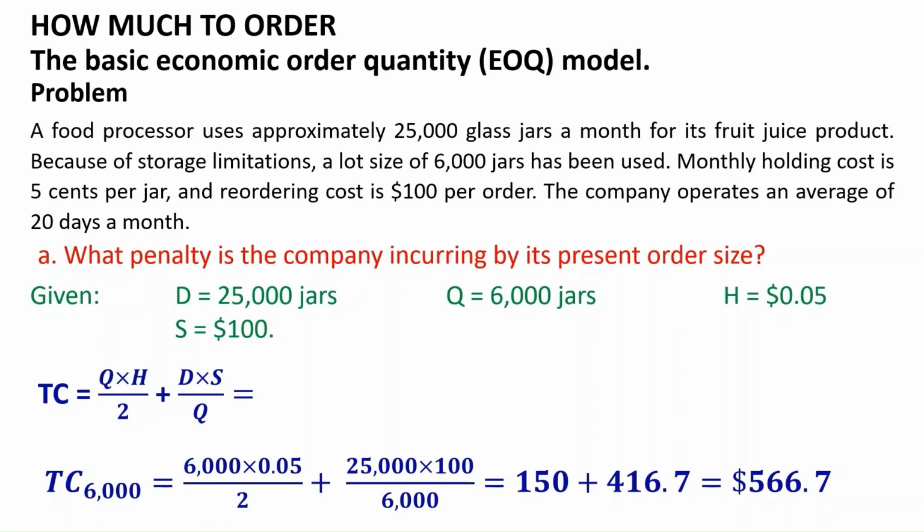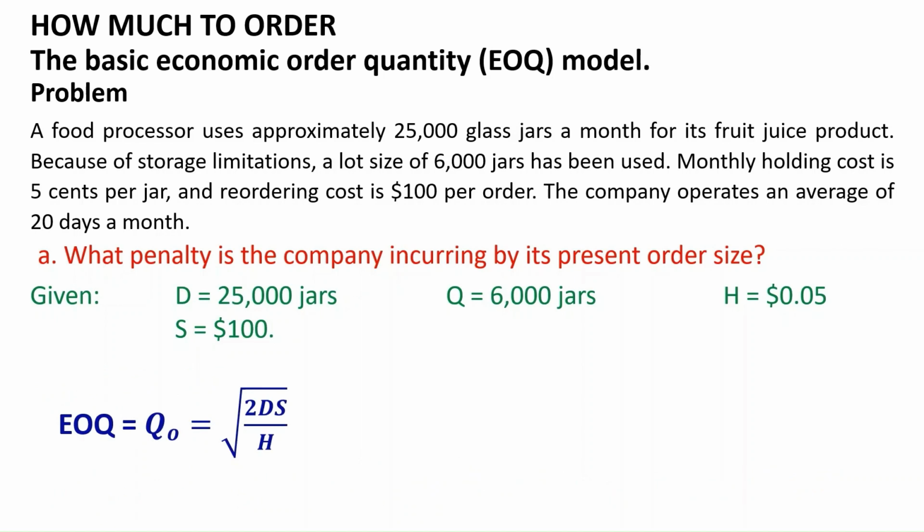TC 6000 equals 6000 multiplied by 0.05 divided by 2 plus 25,000 multiplied by 100 divided by 6000, equal 150 plus 416.7 equals $566.70.